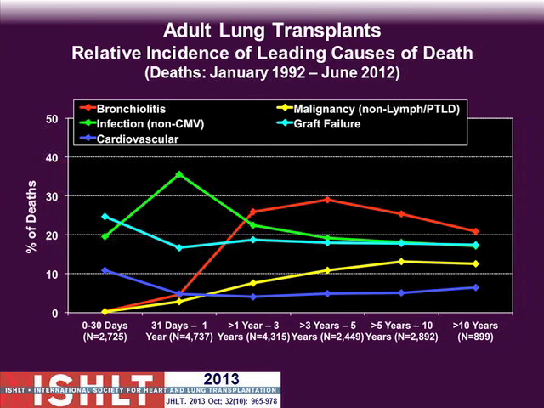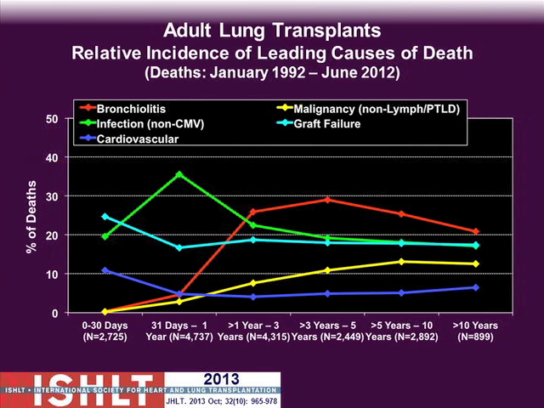As you can see from the ISHLT registry data in this slide, the red line depicts bronchiolitis obliterans syndrome, and it increases after 1 year and continues to occur at approximately 10% each year, and is the number one reason for death in these patients.